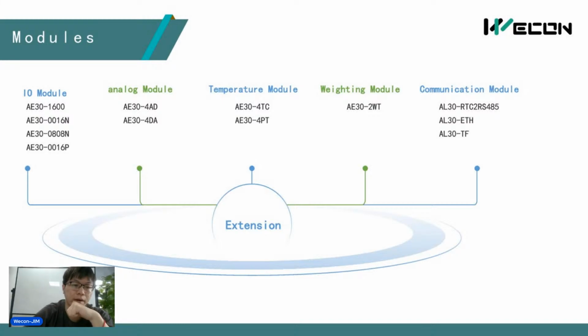Next month we may have these analog modules. For other modules, we also plan to develop bus, temperature, weighing and communication modules. But today we can first have an overview of the parameters of these modules.